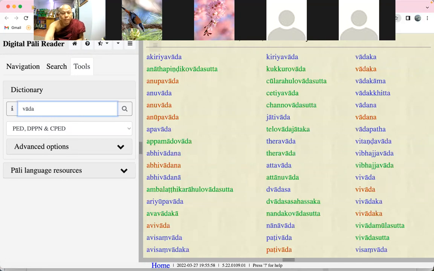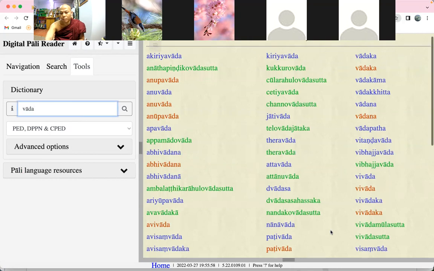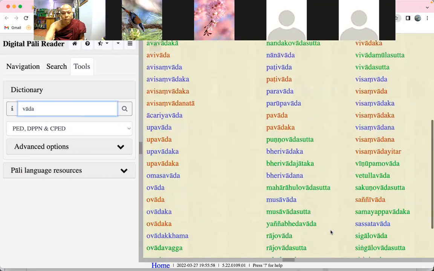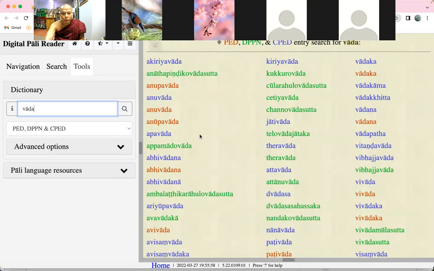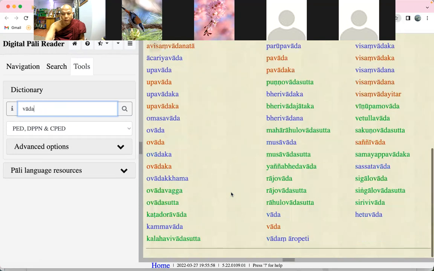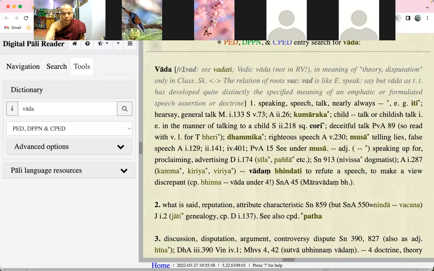Can we use the verb of protest or oppose, Bante? Wada arobe did such a phrase also. Wada, okay. Wada is speaking, not speech, not so literal.